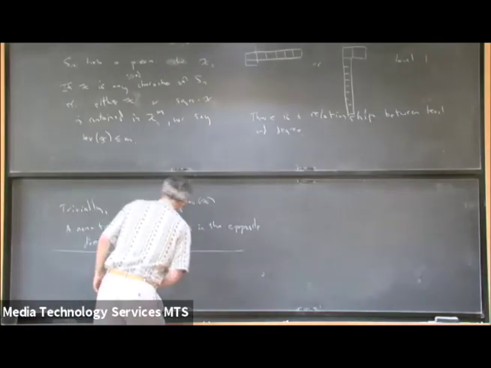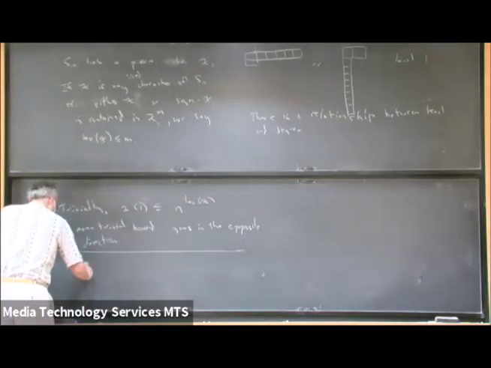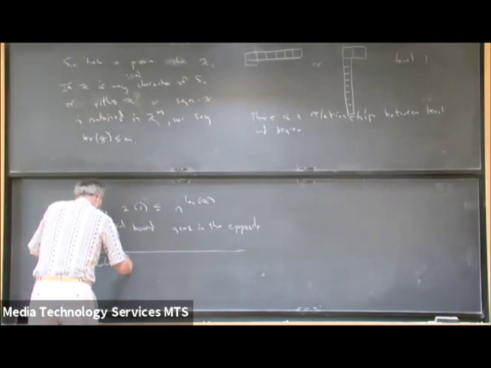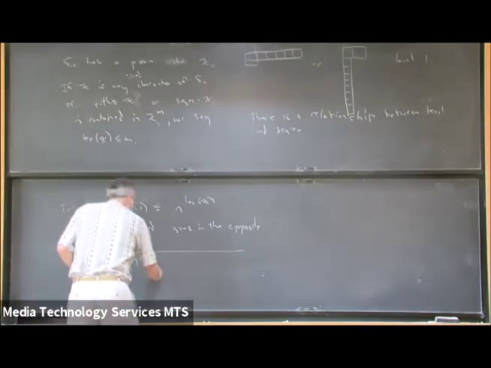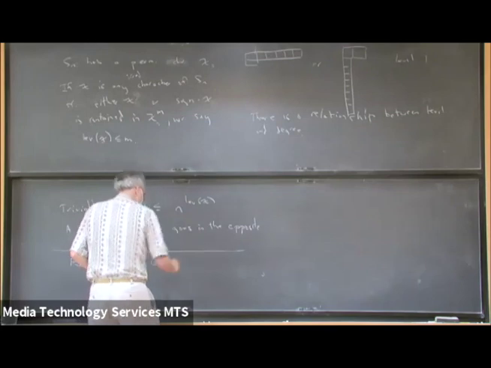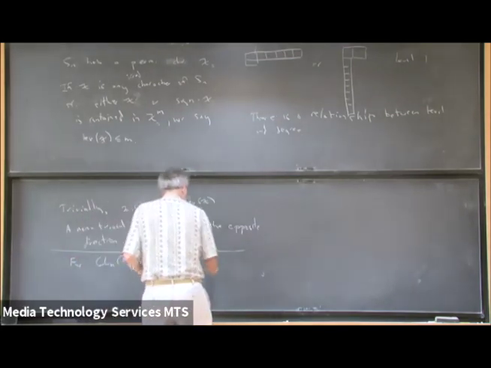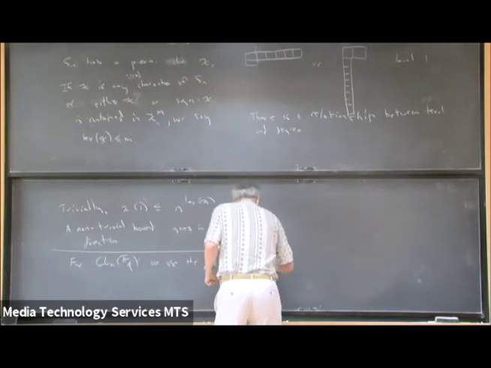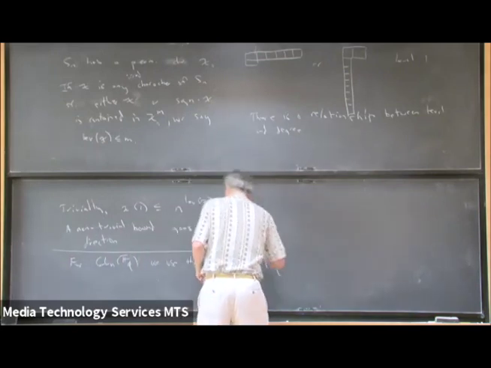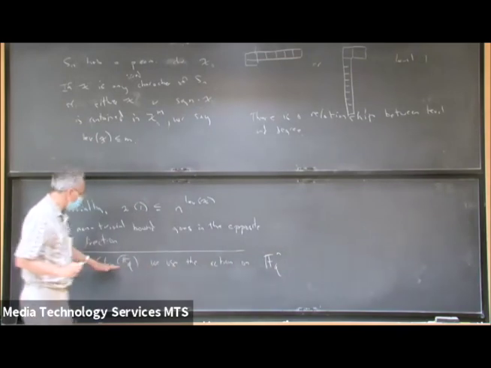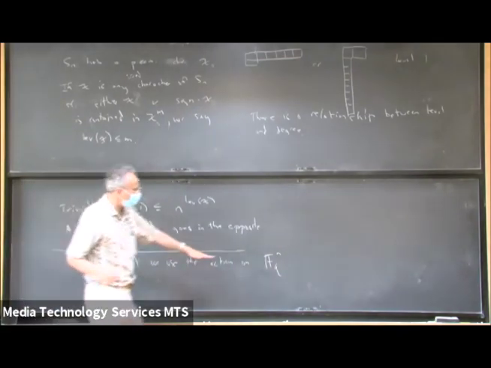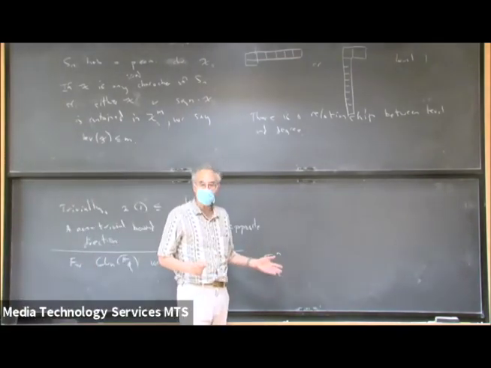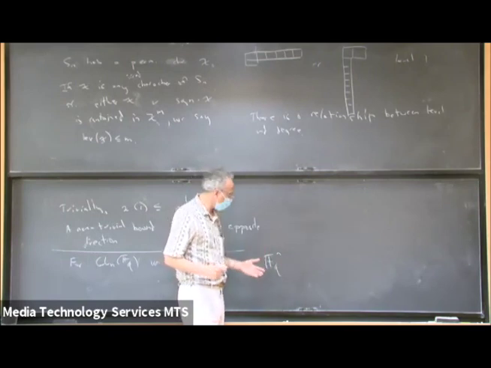So for example, for GLN, we use the action on the vector space Fq to the n. So GLN Fq acts linearly on Fq to the n. This gives a permutation representation.